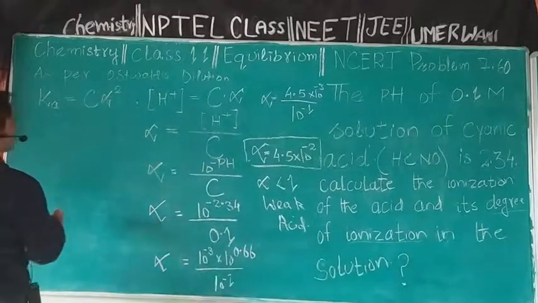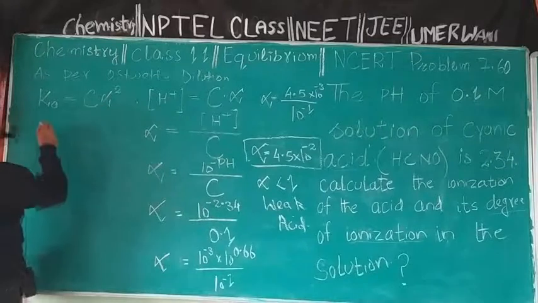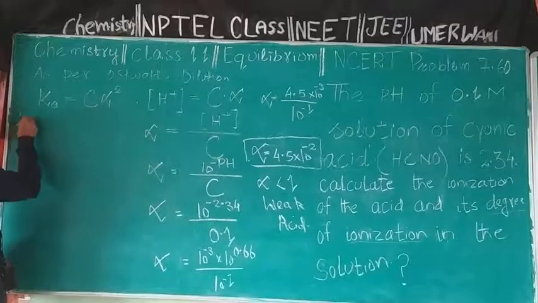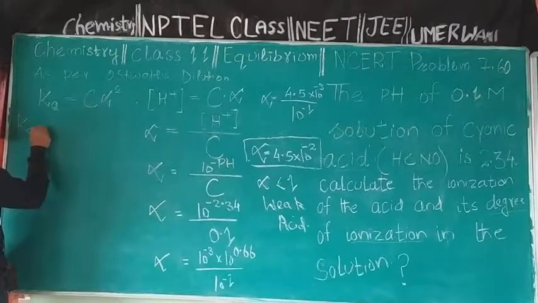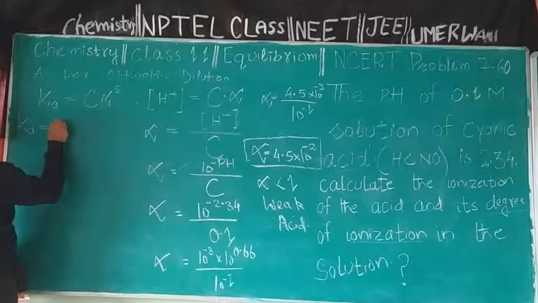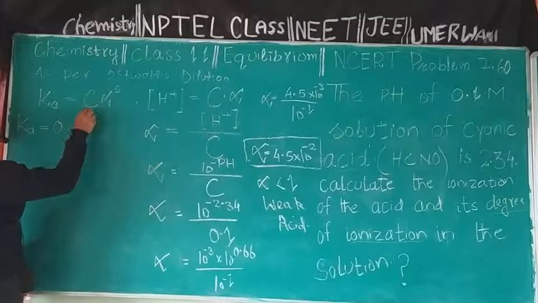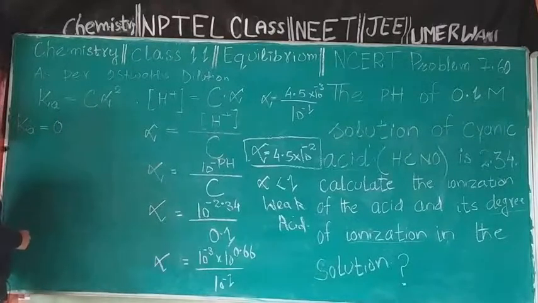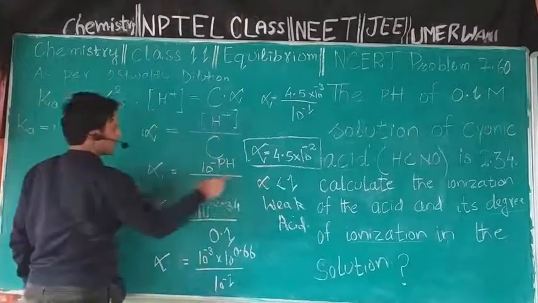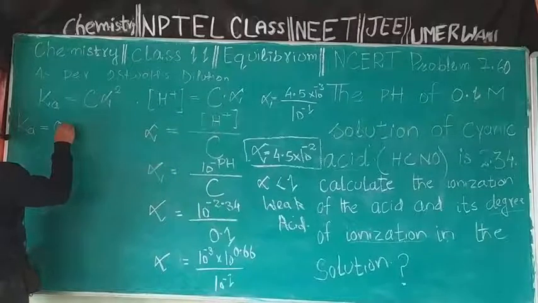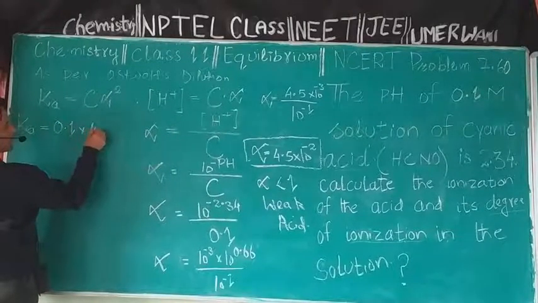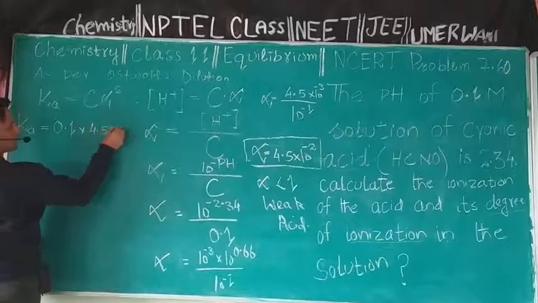Now we will go for calculation of its ionization constant. Ionization constant will be equal to the product of its molar concentration and the square of alpha. We will again substitute here the given parameter molar concentration 0.1 and the calculated parameter alpha, 4.5 into 10 raised to the power minus 2, squared.